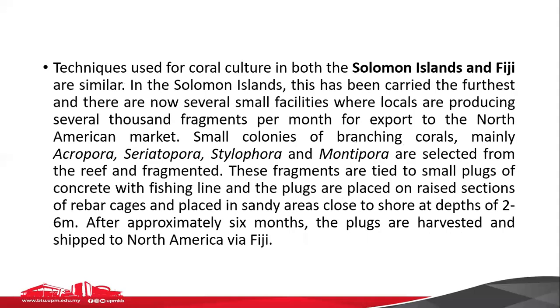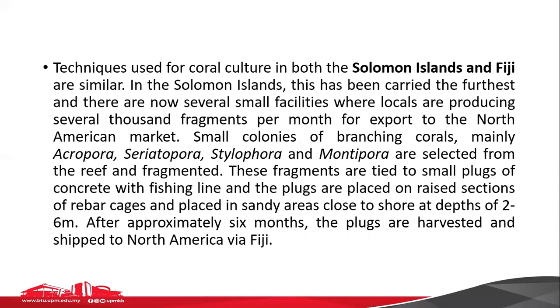On the other hand, the Solomon Islands and Fiji techniques are similar. This has been carried the furthest, and there are now several small facilities where locals are producing several thousand fragments per month for export to the North American market. Small colonies of branchy coral, mainly Acropora, Seriatopora, Stylophora, and Montipora, are selected from the reef and fragmented.